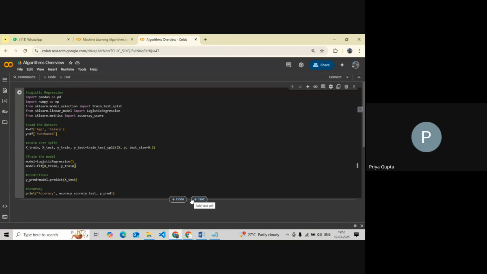Then some model evaluation metrics like I told you, what is precision, recall, F1 score, root mean squared error, mean absolute error, mean squared error, all those stuff we have discussed or not. No, sir.